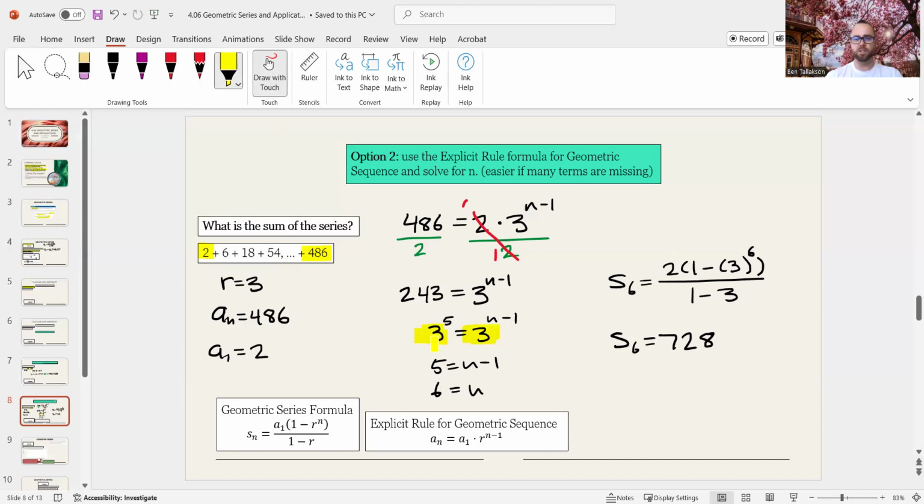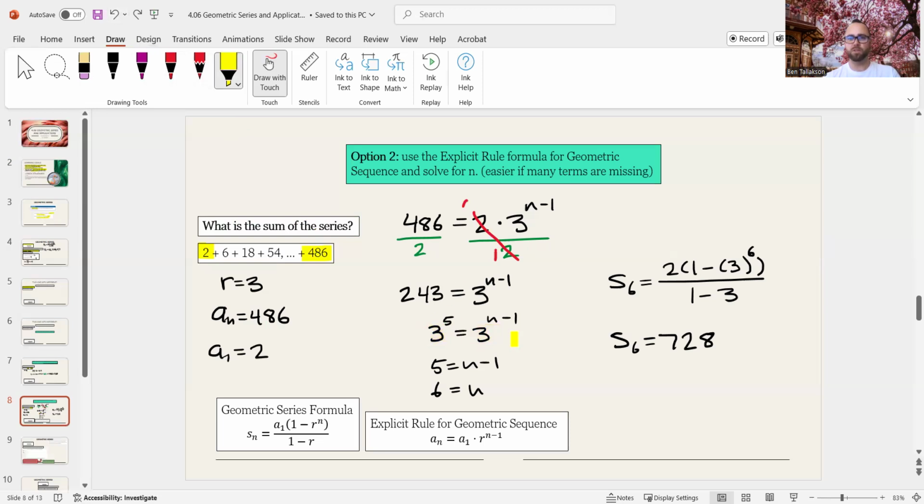So fortunately, we found that 3 to the 5th is 243. That requires a little calculator trial and error, because you want the base of 3, right? So you would just go, okay, we know it's not 3 squared, probably not 3 cubed. So try 3 to the 4th, 3 to the 5th, and you will find that. Okay?